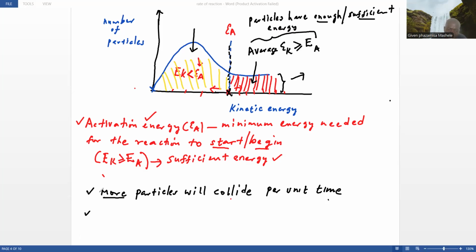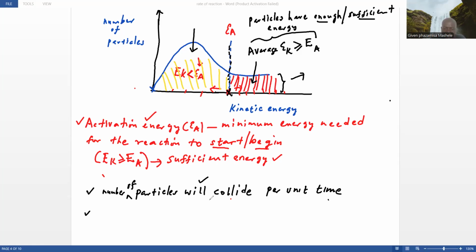So for now, let's forget about more or less. We're going to talk about the number of particles colliding per unit time. These are the factors affecting the rate of reaction.